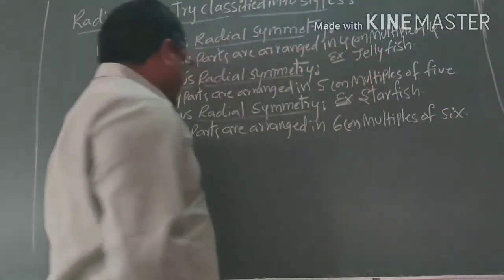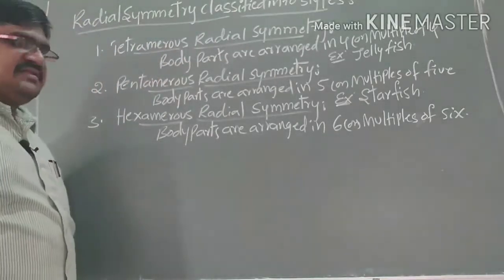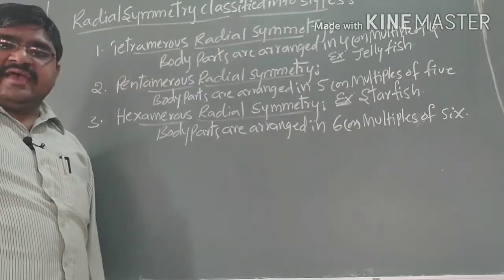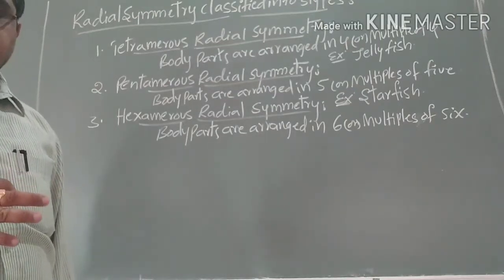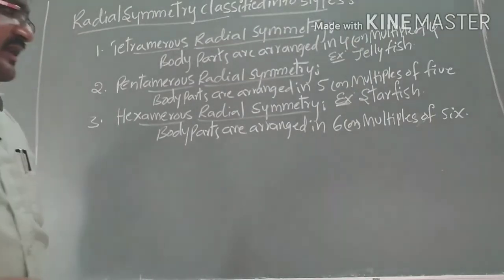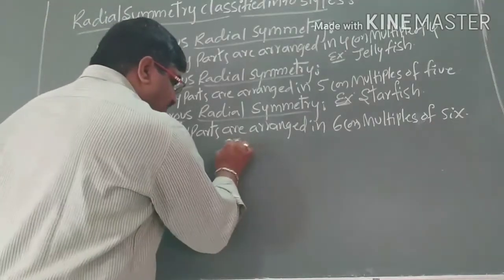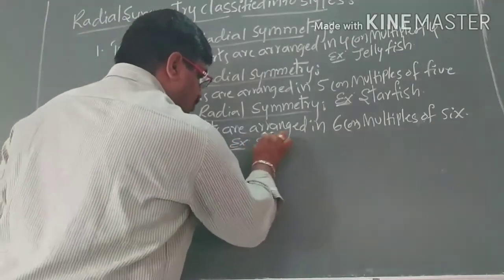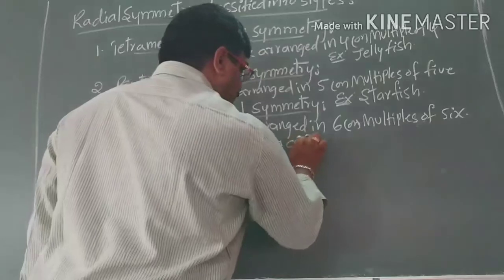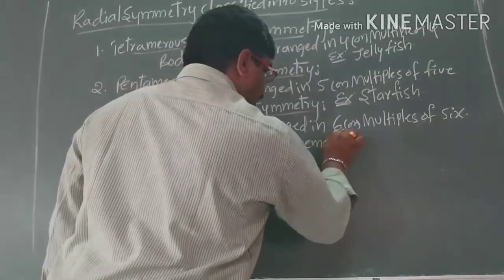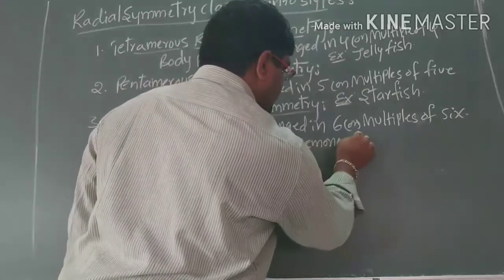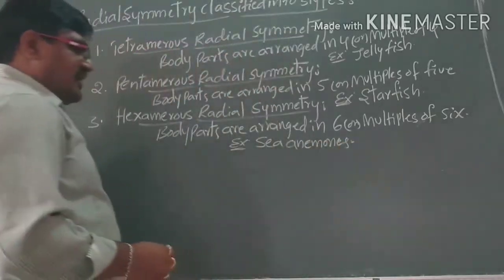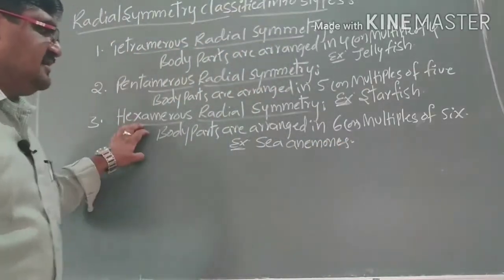Then it is called hexamerous radial symmetry. Example, we can see in sea anemones. In sea anemones, we can see the hexamerous radial symmetry.